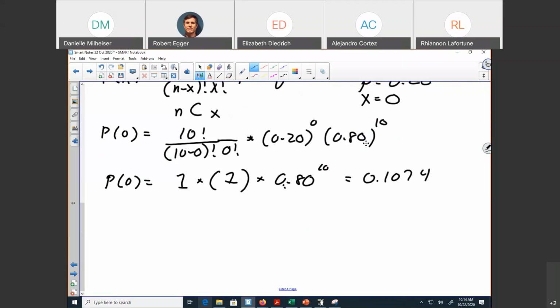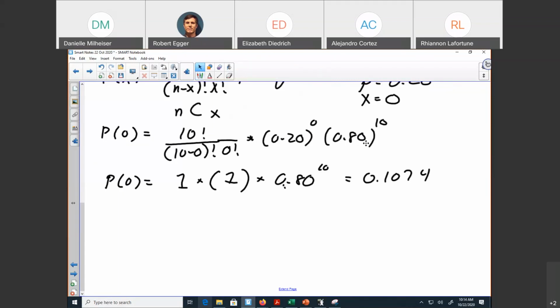So out of 20,000 students, you take a sample size of 10 from your school. You expect roughly 1 out of 10 to say no, I didn't steal.